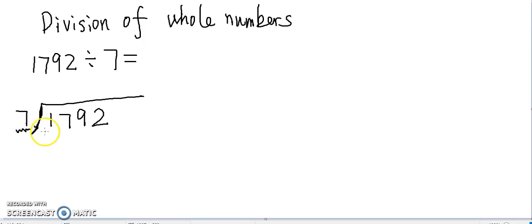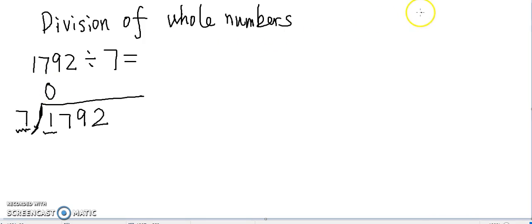So if we look at 7 and look at this 1,000, 7 goes into 1 how many times? Apparently 7 does not go into 1, so we're going to put a 0 here. If you omit this 0, that is fine, because it's a 0 at the beginning.